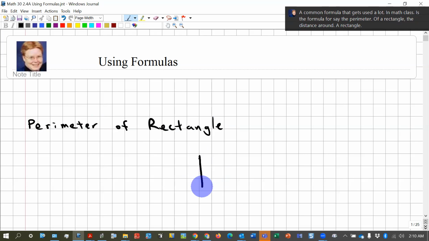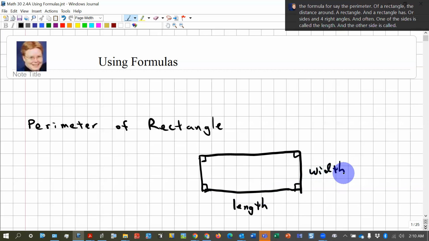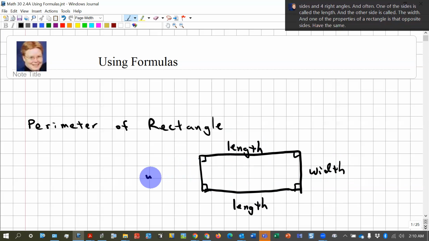And a rectangle has 4 sides and 4 right angles. And often one of the sides is called the length and the other side is called the width. And one of the properties of a rectangle is that opposite sides have the same length.